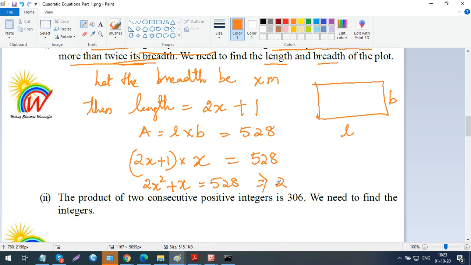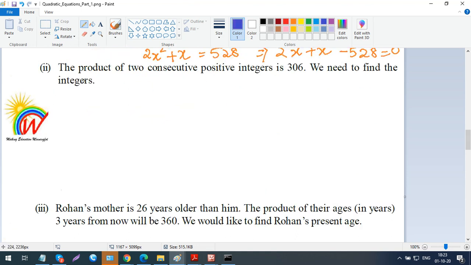Okay, now come to the next question. Here it says the product of two consecutive positive integers. Consecutive numbers means the next numbers, right? And integers in the sense you have to have a proper number. It should not be a rational number or a decimal number, right? So two consecutive positive integers. Let us say they are asking you to find the integers.